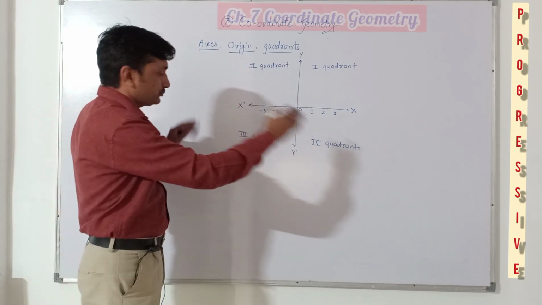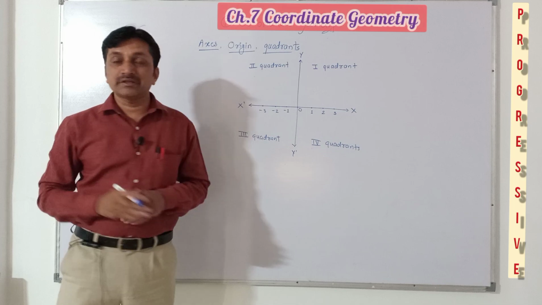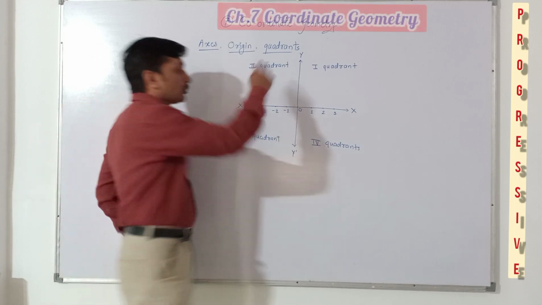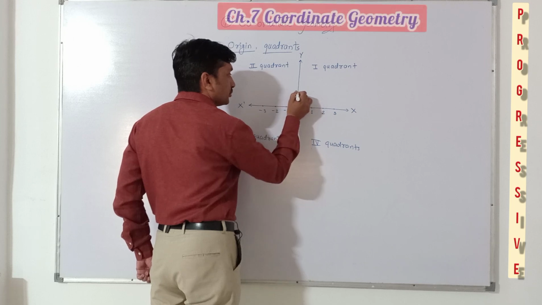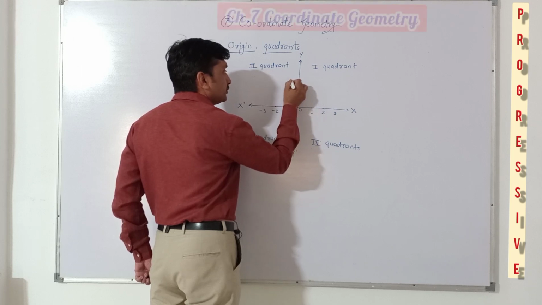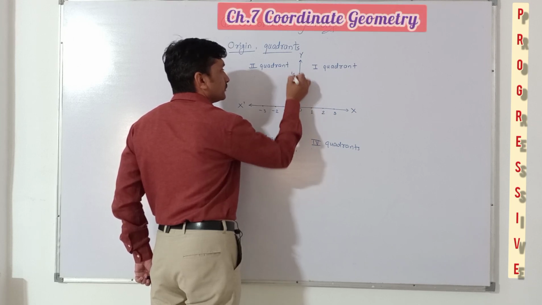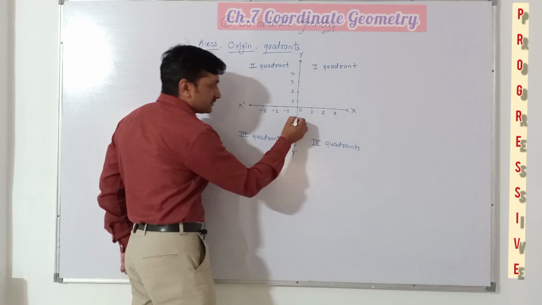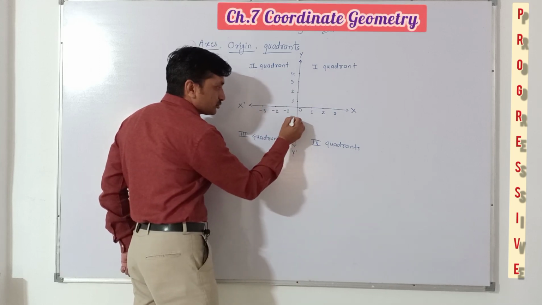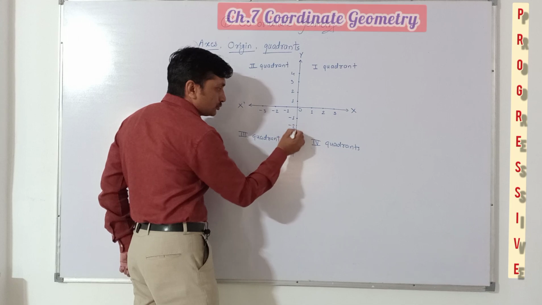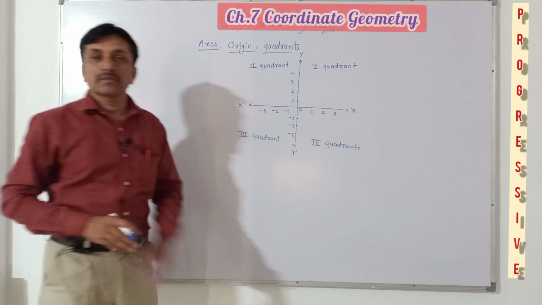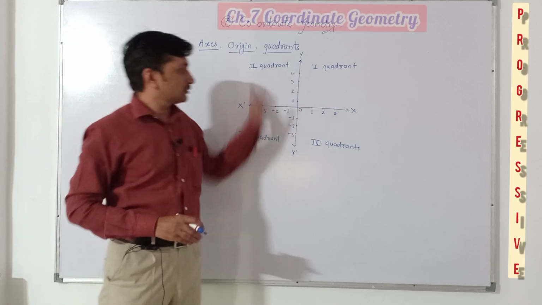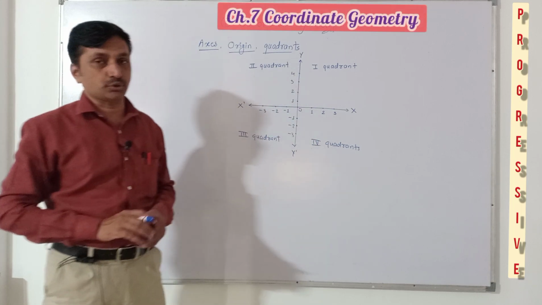Right side positive, left side negative. By the same way on y-axis, on top we represent positive integers 1, 2, 3, 4 and so on. And downwards negative integers -1, -2, -3 and so on. In this way, Cartesian system is drawn.